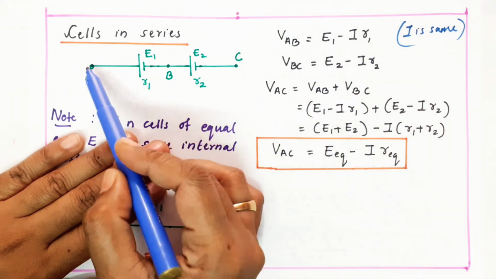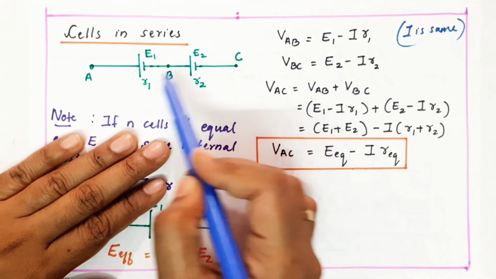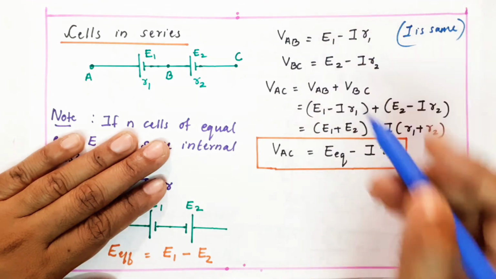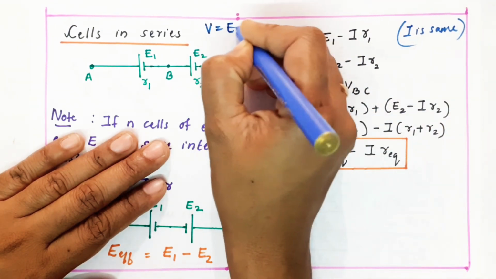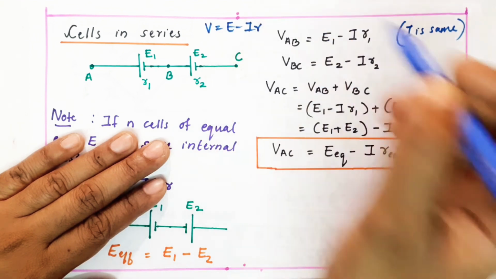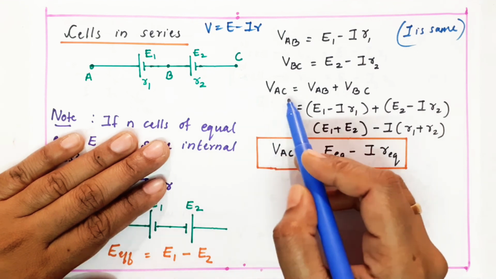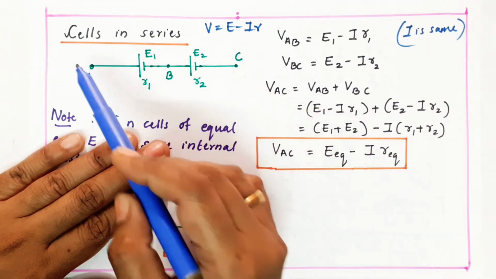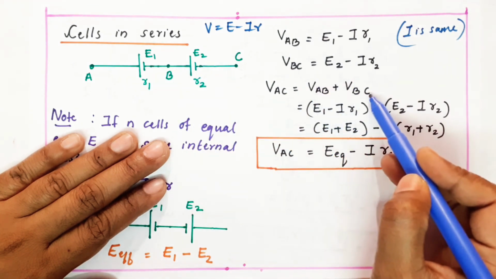Clear? First I found the potential difference of AB, then of BC. I used the standard formula, V equals E minus IR. So I can write VAC, from A to C, by adding the other two: VAB plus VBC.